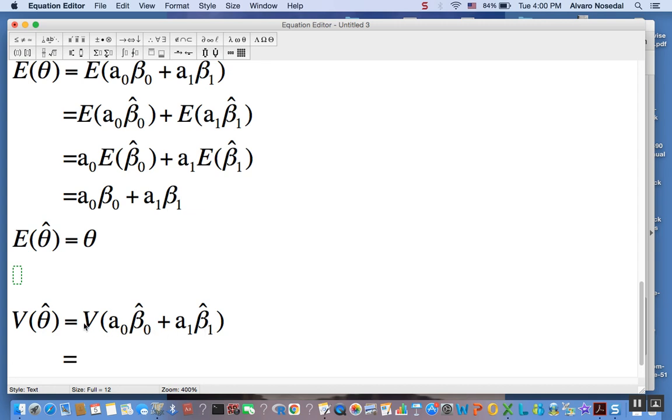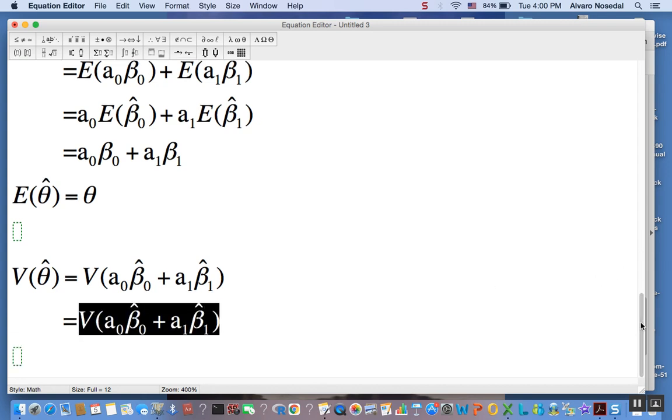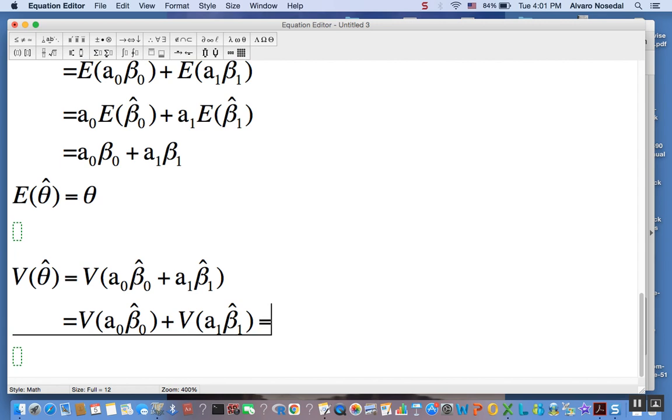Let's write that down. So this would be the sum of those variances plus 2 times the covariance between these guys.